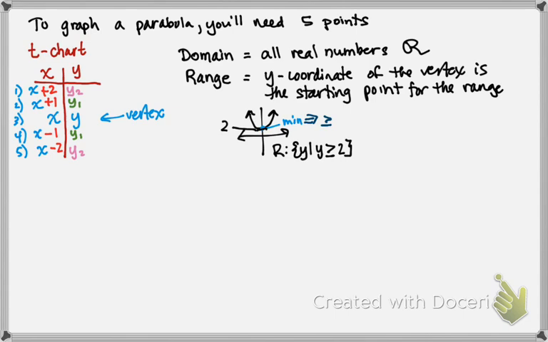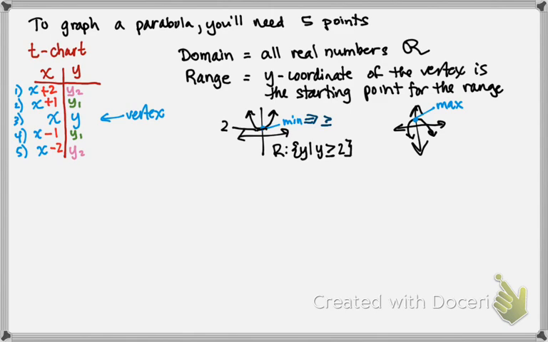Okay, if I have a parabola that's facing downward, terrible parabola, it's called a maximum. That means the y values are going down.